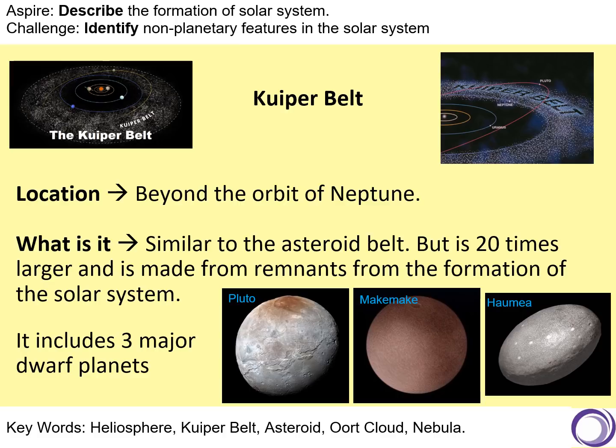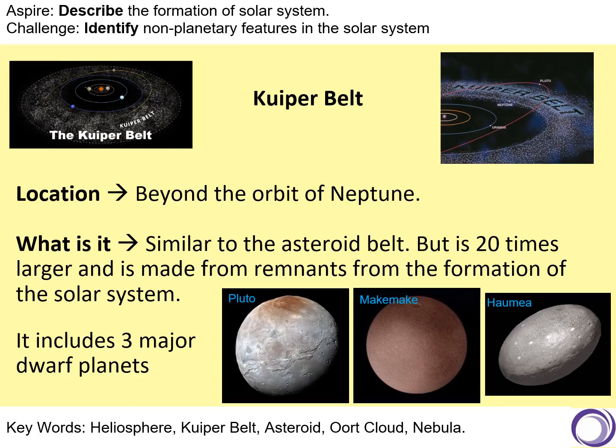So it's not just rock and dust that you'll find, but also these frozen volatiles, and perhaps these are the remnants of where water, methane and ammonia first came to Earth. So maybe these are the parts of the planets that didn't form when the solar system was formed.